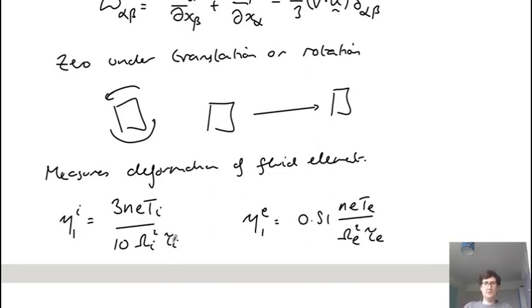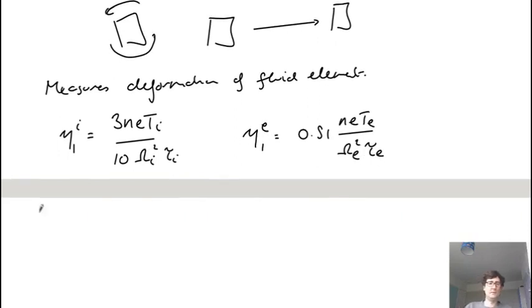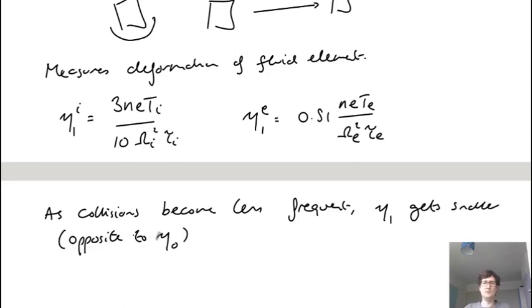So you see these equations have tau, the collision time, on the bottom, and so as the collision time gets larger, so as the temperature goes up, say, or collisions become less frequent, then this gets smaller. So this is the opposite trend to the parallel viscosity.